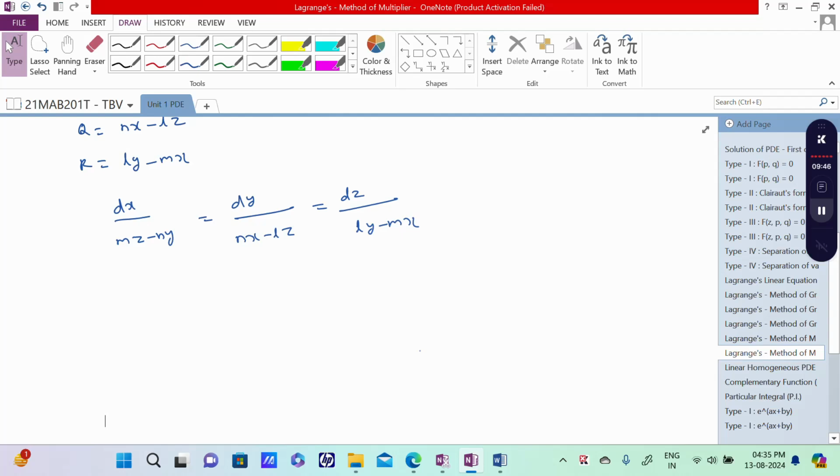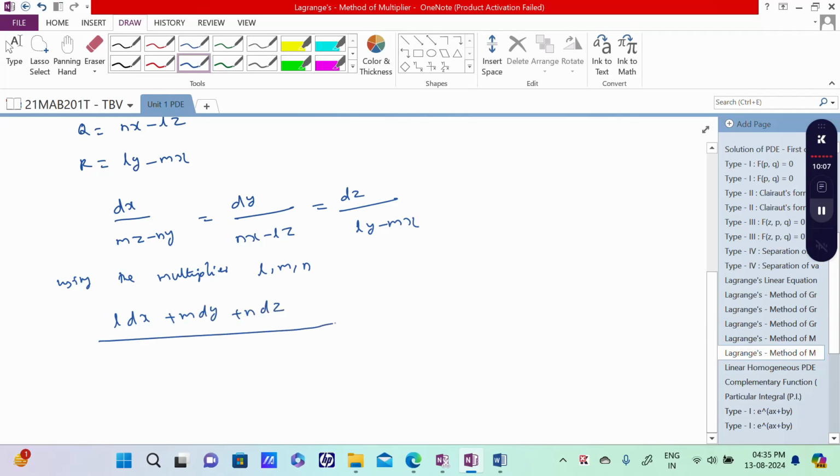I am going to use the multipliers l, m, n. So we get the ratio equal to, for example, l dx plus m dy plus n dz divided by l into (mz minus ny) plus m into (nx minus lz) plus n into (ly minus mx).